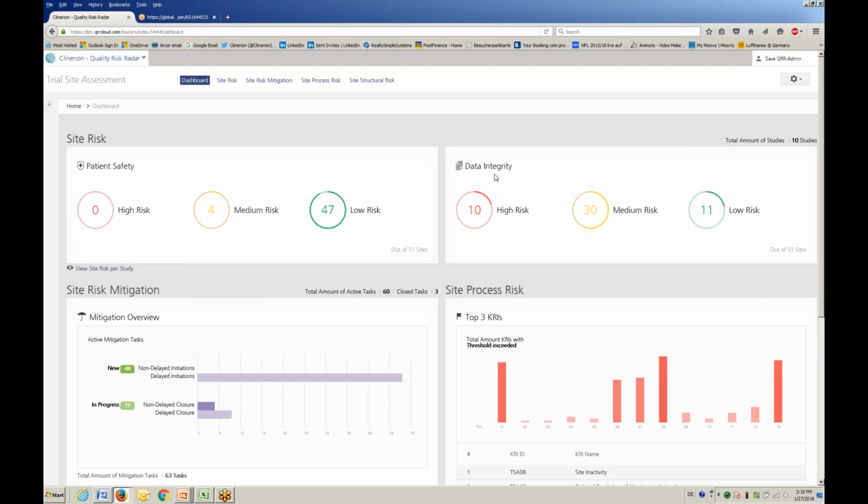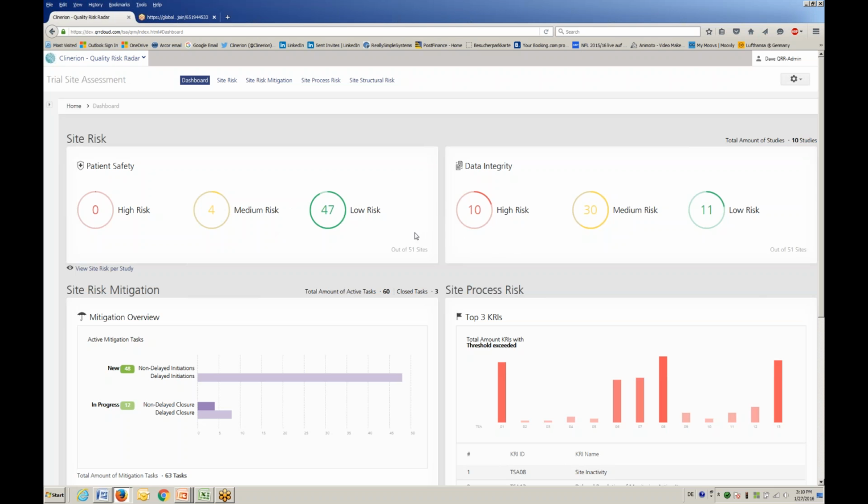Whereas data integrity gives us a different message. Clearly, we can see up front that 10 sites are currently at high risk, 30 medium, and 11 low. That's the initial information presented here at this high level.